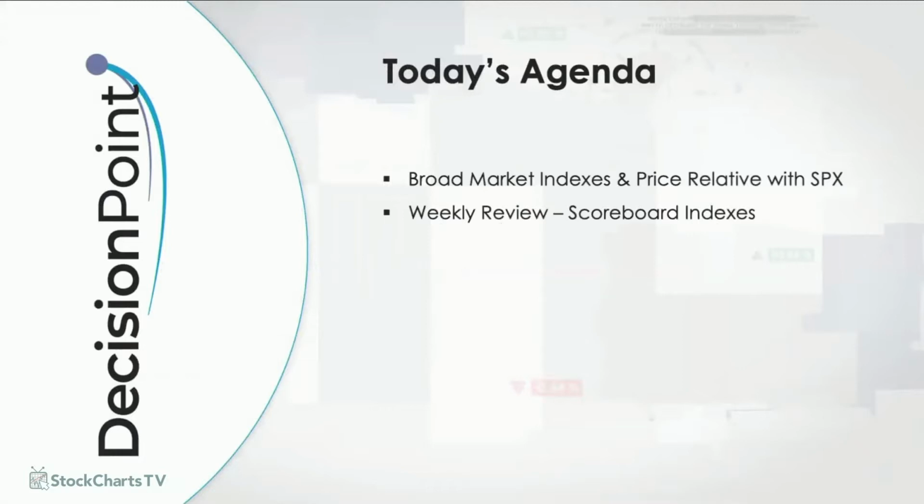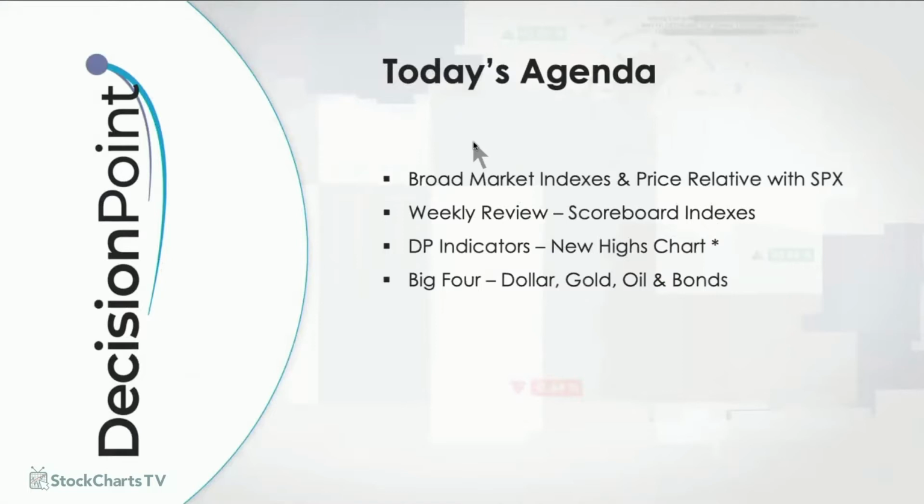So let's go ahead and look at the agenda. We're going to do our regular look at the broad market indexes. I like to look at the price relative of those major indexes with the S&P. Of course, it's the end of the week, so we do our weekly review of the scoreboard indexes. And then today we'll go over the DP indicators, but I have a little bonus chart for you on the new highs because we're making some climactic moves there.